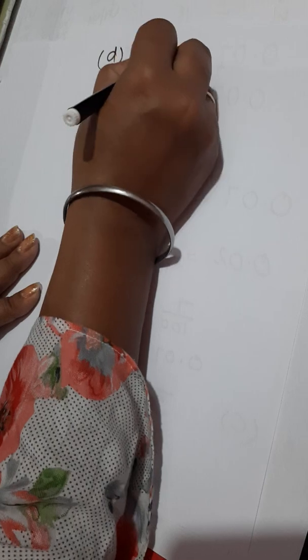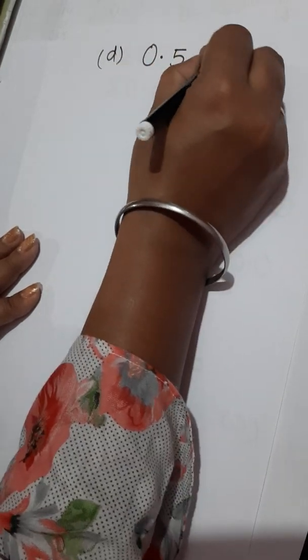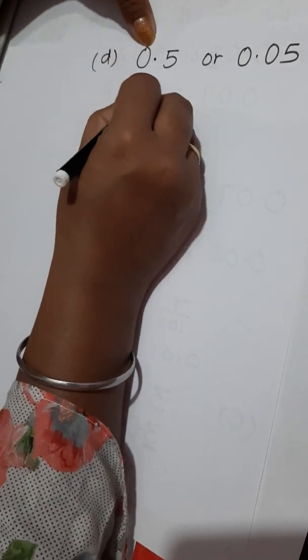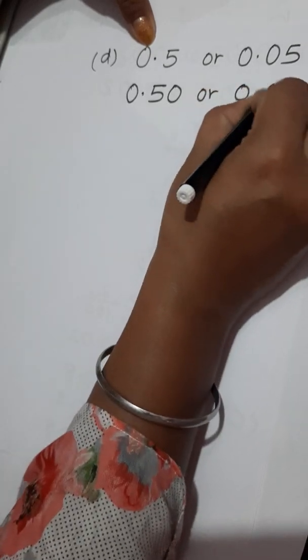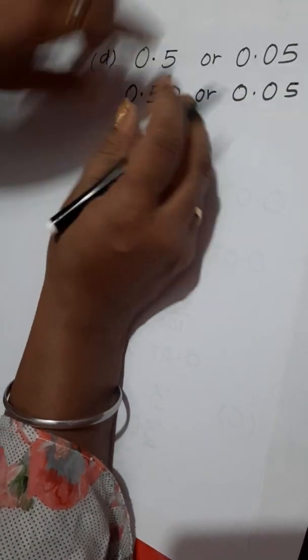Here D part is 0.5 or 0.05. Now in this case after the decimal we have one digit, and in this case after the decimal we have two digits. So this can be written like this, 0.50 and this is 0.05. If I compare the whole part, whole parts are the same.